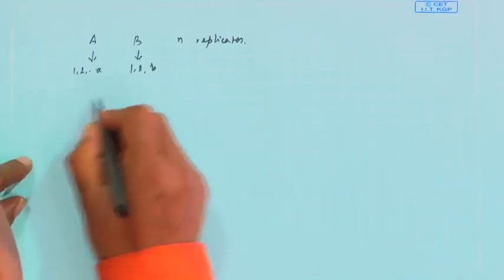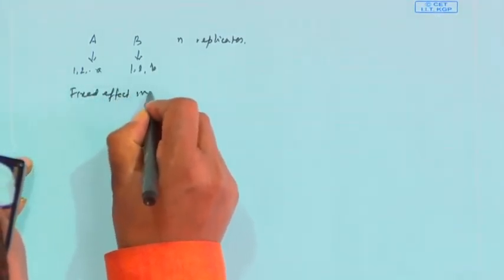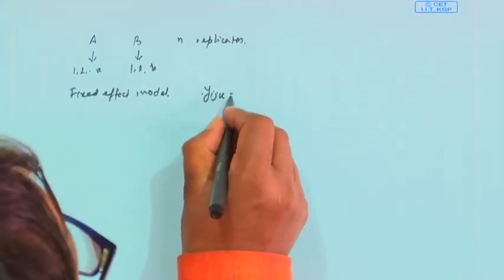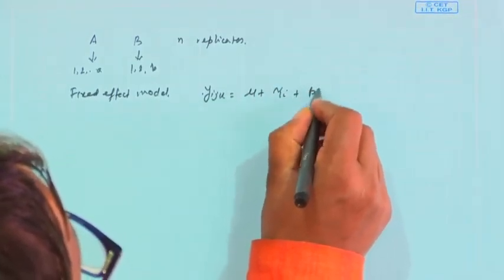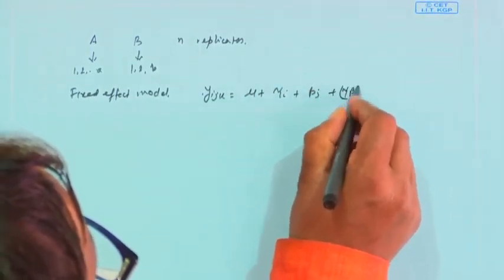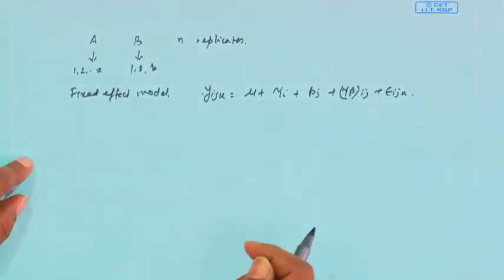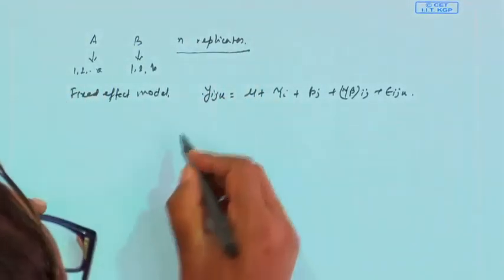Then the fixed effect model is y_ijk equals mu plus tau_i plus beta_j plus tau beta_ij plus epsilon_ijk.